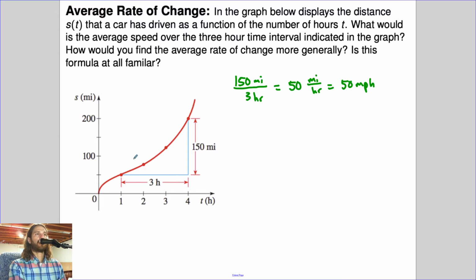You draw a line from this point to this point. You can see a car that drives 50 miles an hour the whole time will get to the exact same distance in the same amount of time as this vehicle. So that's kind of why we say it's the average rate of change in this instance.